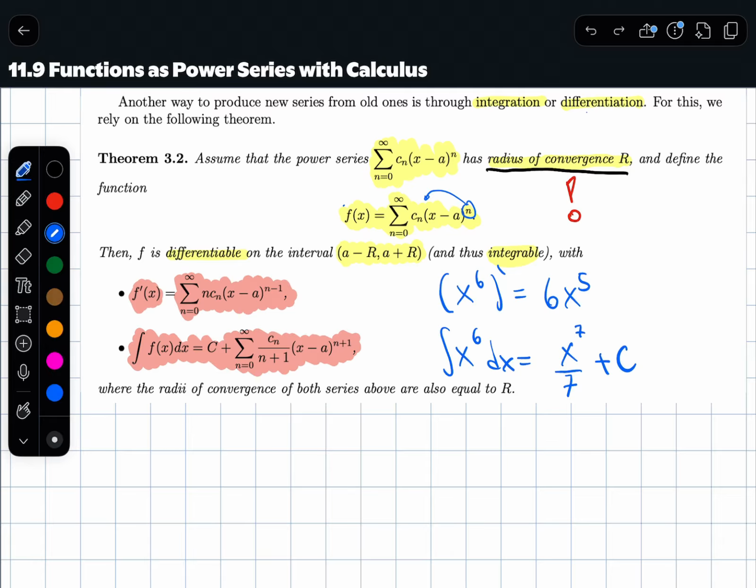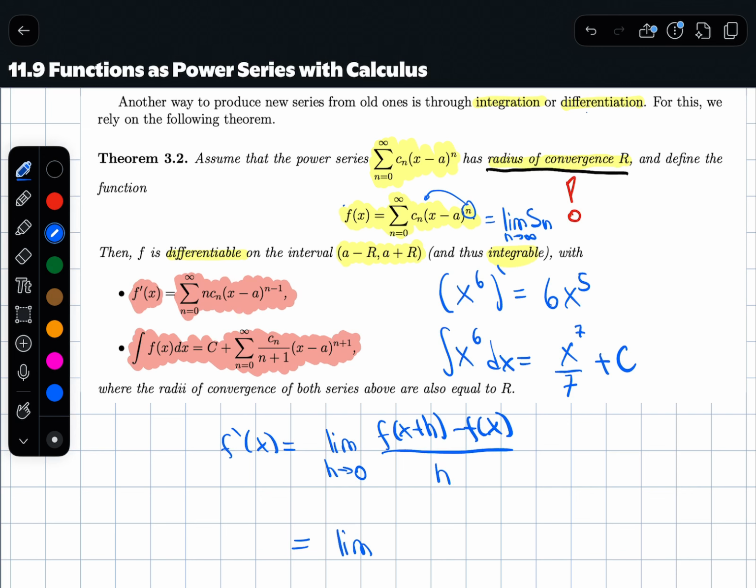What it does is, you see that this is already a limit, the limit of S_n when n goes to infinity. And the derivative is already a limit as well. So this is the limit when h goes to 0 of f of x plus h minus f of x over h. So this is a limit.